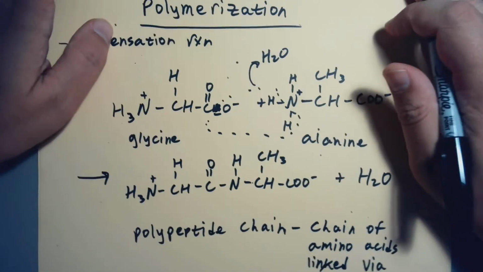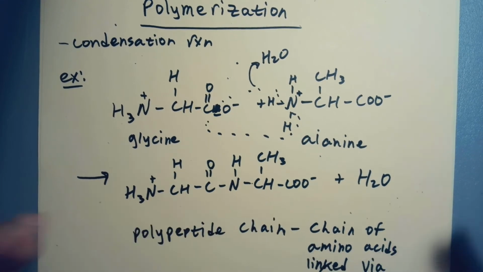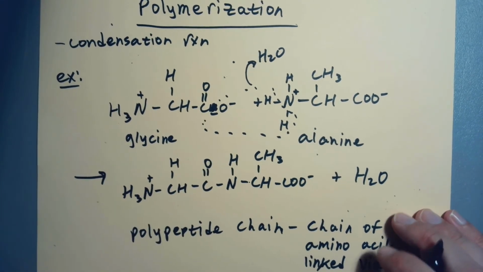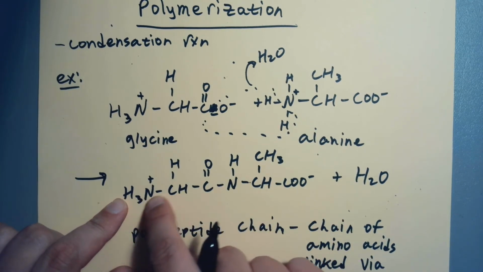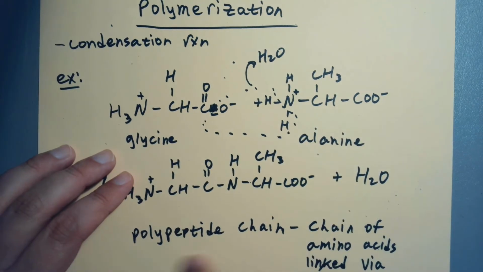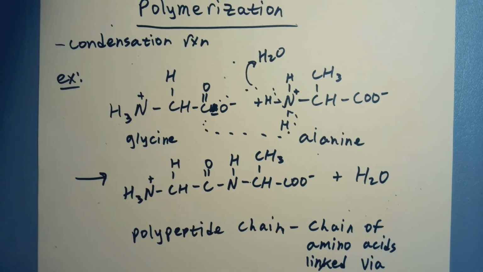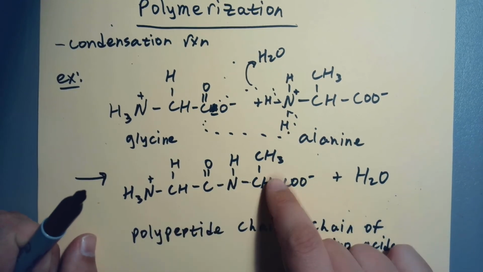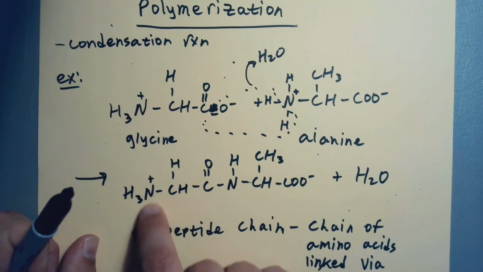Alright, and so if I'm looking at this, let's say I have a longer chain, how do I know how many amino acids are in it? Well, first I just identify where the linkages are. I don't worry about the side chains. They're going to be sticking out wherever, like maybe it loops around, it does all sorts of stuff on the main chain. And then this is my trick. When I want to know how many amino acids are in a chain, I just count the nitrogens.